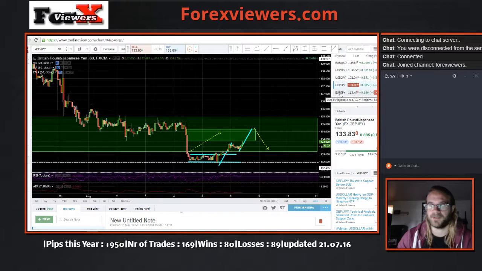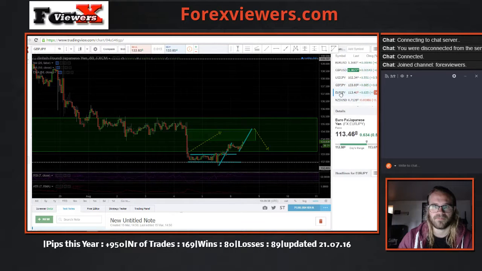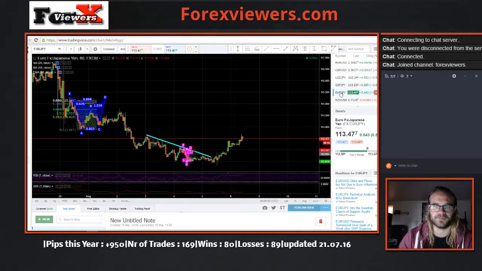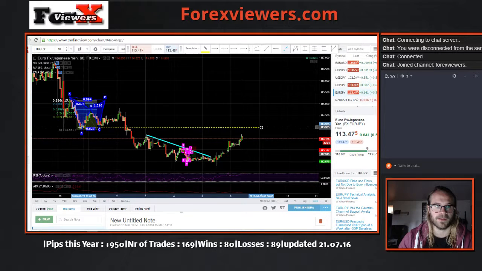The average euro yen, similar things around these yen pairs. They're all pushing to the upside. I'm gonna be a little concerned about this.